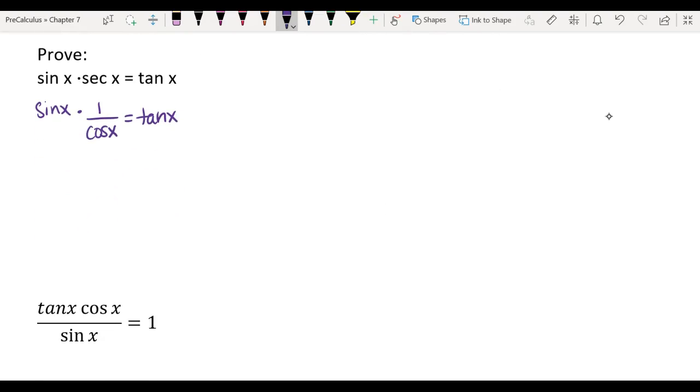Sine times 1 over cosine is sine of x over cosine of x, correct? Equals tan of x. Again, changing the left, leaving the right. Sine over cosine, what does that equal? Tan. So now your last step is, I have tan of x equaling tan of x. I'm done.